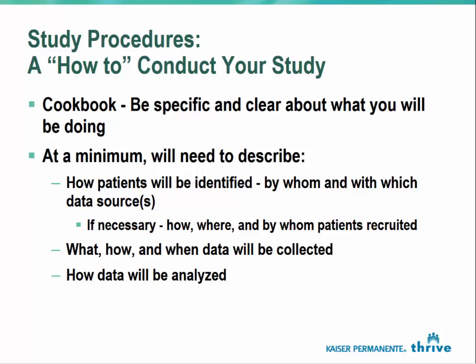There are not a lot of questions that later come back wondering what's going on. At a minimum, you can describe the patients you want to identify, who's going to identify them, what data sources they're going to need, and if you're going to be recruiting, where they're going to be recruited, how, and by whom. And then finally, the data that you're going to be collecting and how to analyze these data.